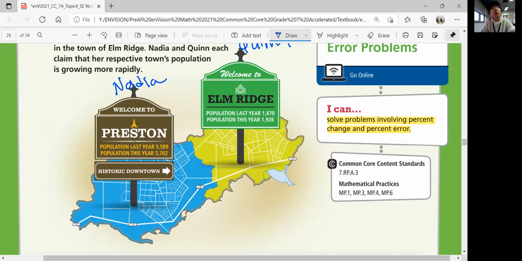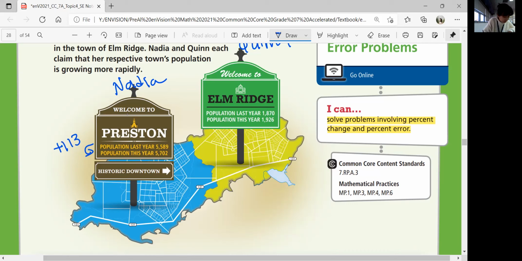Let's subtract the populations so that we can see how many people actually have increased. 5,702 minus 5,589 was 113, right? Yeah, 113.